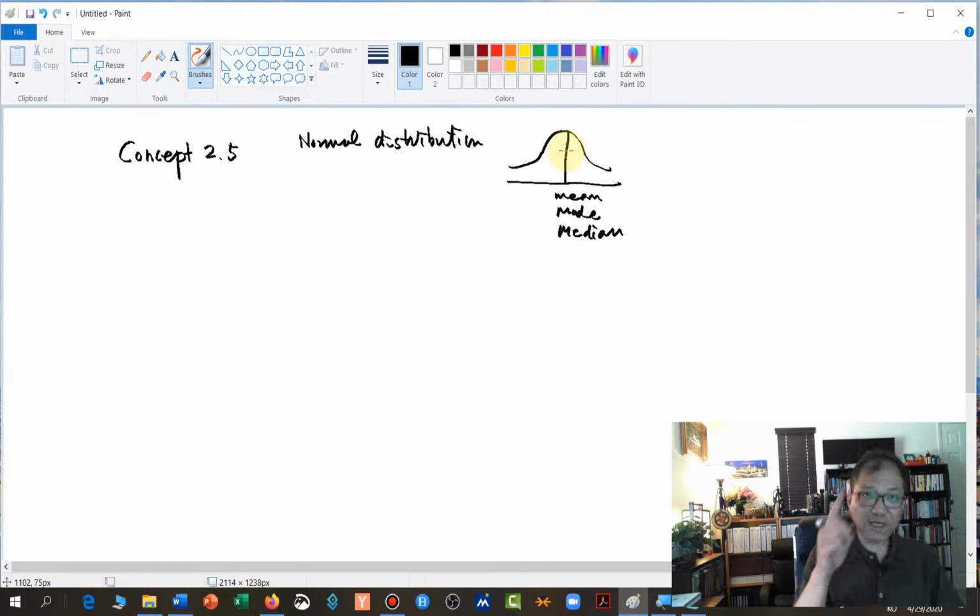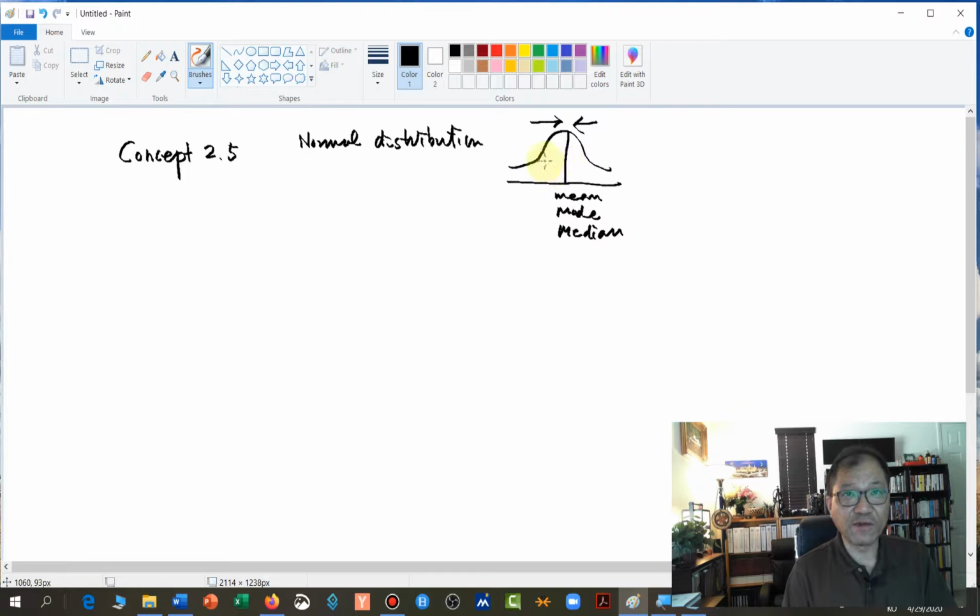If your data set is perfectly normally distributed, mean, median, mode will be right in the middle. What that means is if you fold this distribution to the half, the left side will be 50%, right side will be 50%. You don't see any abnormally distributed numbers right here. Okay, so that's a normal distribution.